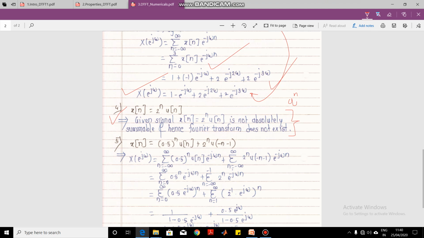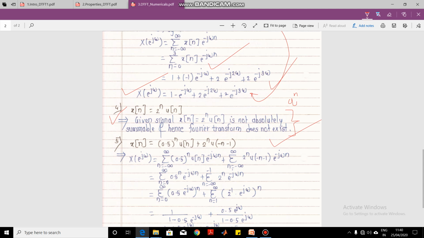Then how do we find the frequency domain representation of such a signal like 2 raised to n u of n? We have to go for a transform which we call the Z transform. This is how the Z transform is superior to the Fourier transform. For those signals whose Fourier transform does not exist, there exists a Z transform. So you can find the Z transform of this signal where we cannot find the Fourier transform.